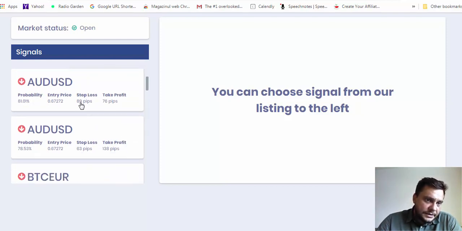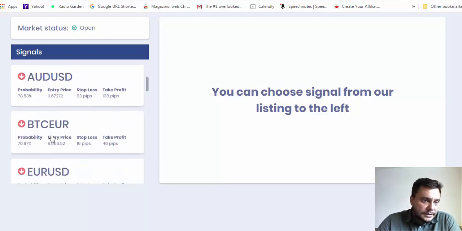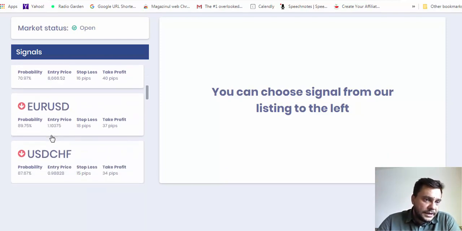Here the stop loss is 63 pips and take profit 89 pips, and here stop loss 76 and take profit 138 pips, and this can impact your trade, of course, but both are on a sell, on a downtrend.